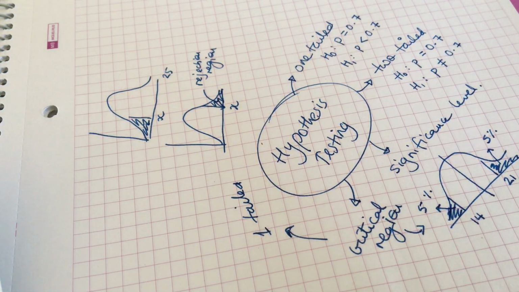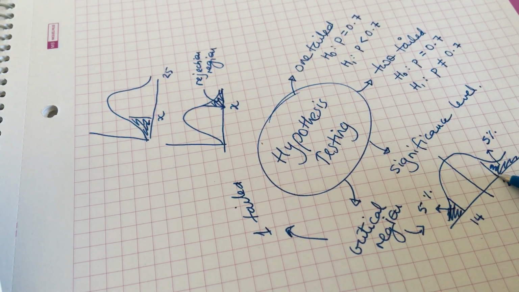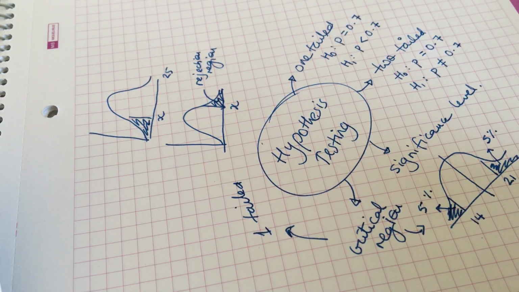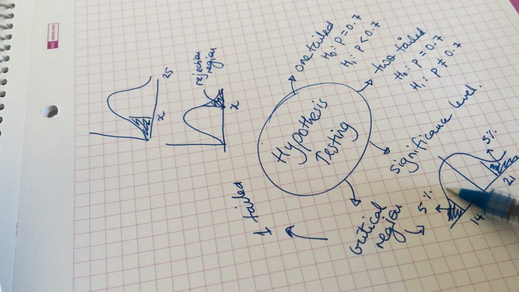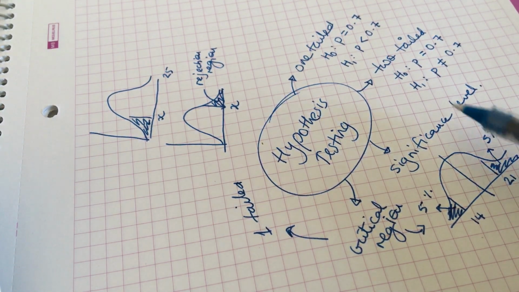Okay, so if we were to find any value within this region or any value within this region to be true of those 25 candidates, we reject the null. If, however, out of these 25 people, we found that 19 passed the first time, which is in the acceptance region, so that's in the middle, that is not sufficient evidence for us to reject the null.